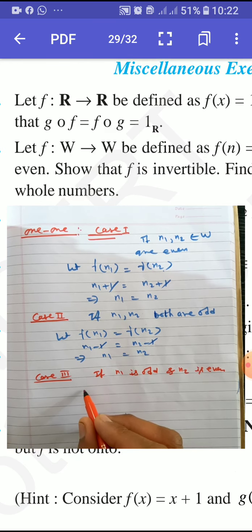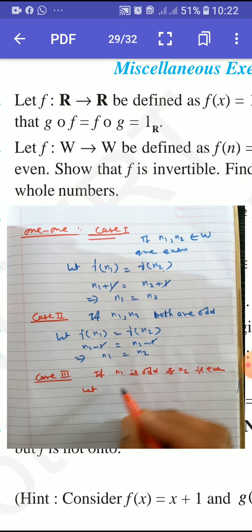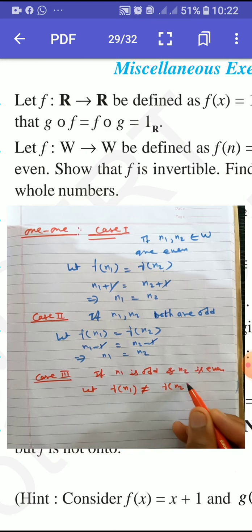If n1 is odd, let f(n1) not equal to f(n2).